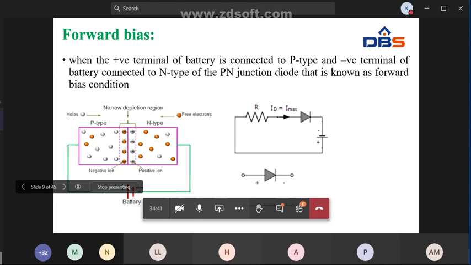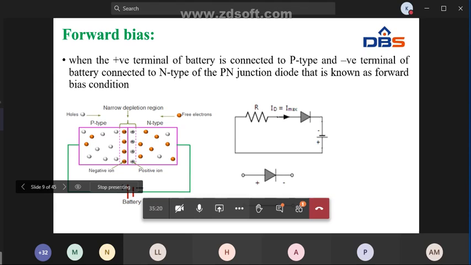For example, if you apply 0.2 volts or 0.3 volts, this voltage is not sufficient to break this junction, right? But if you apply 0.7 volts or greater than 0.7 volts, in silicon material the junction will break immediately.